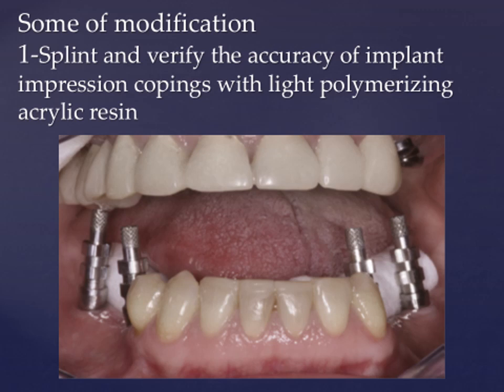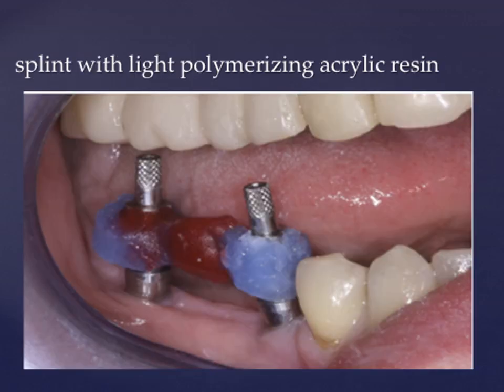Now we go to some modifications that can be used during taking the impression, and really we have many modifications that can be used according to each case. Splint with light polymerizing acrylic resin.